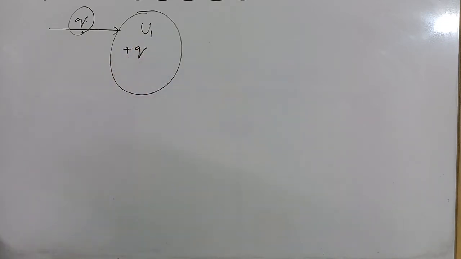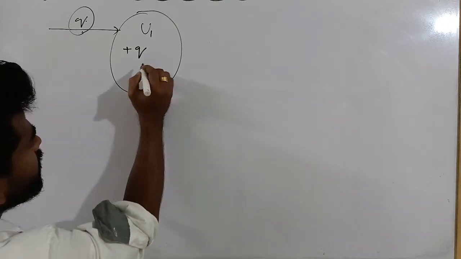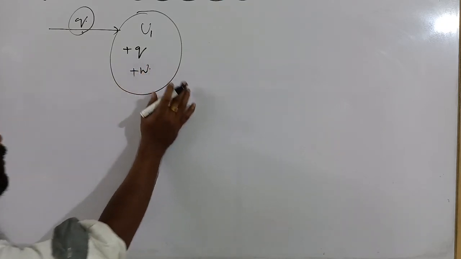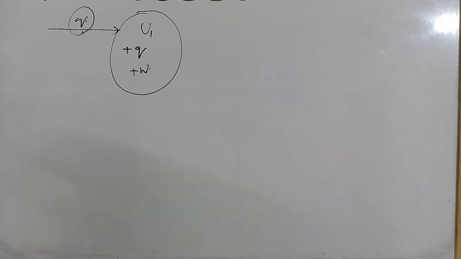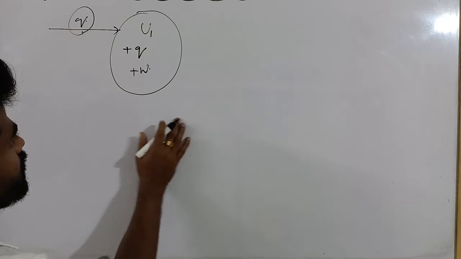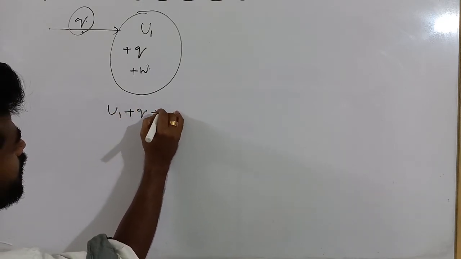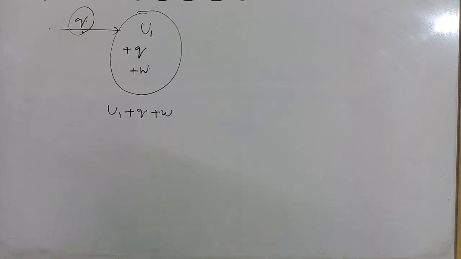Let's say the work done on the system is plus w. So the total internal energy of the system becomes how much? u1 plus q plus w. This is the total internal energy.